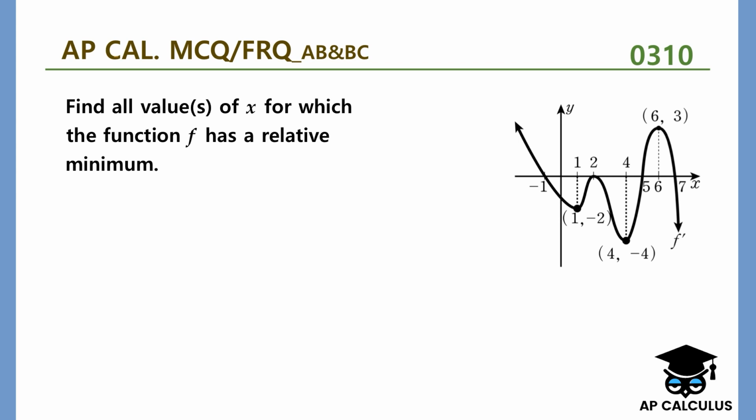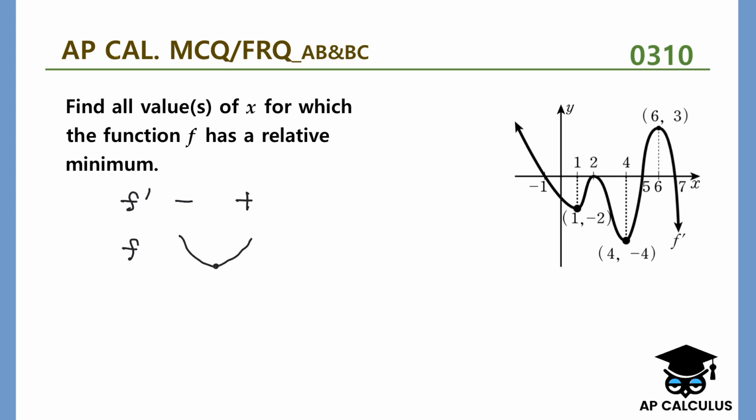Question 310. Find all values of x for which the function f has a relative minimum. Alright, the graph of f has a relative minimum when the sign of f prime changes from negative to positive, right? Then what happens is that f decreases and then increases, right?